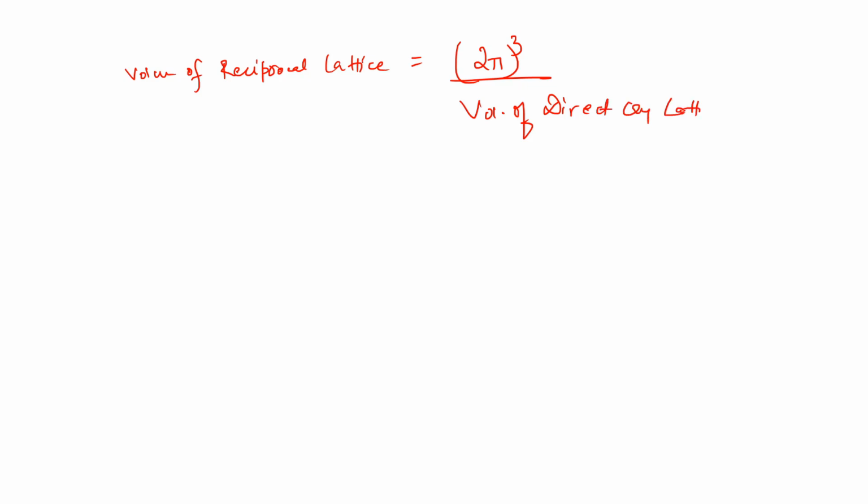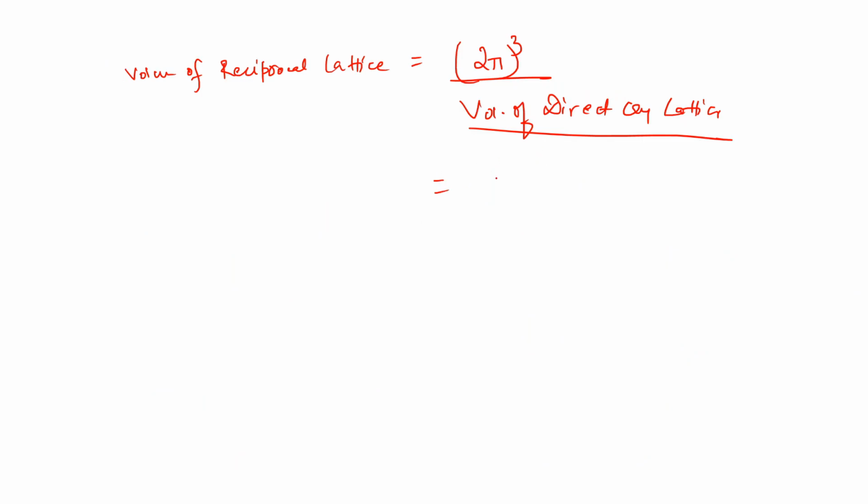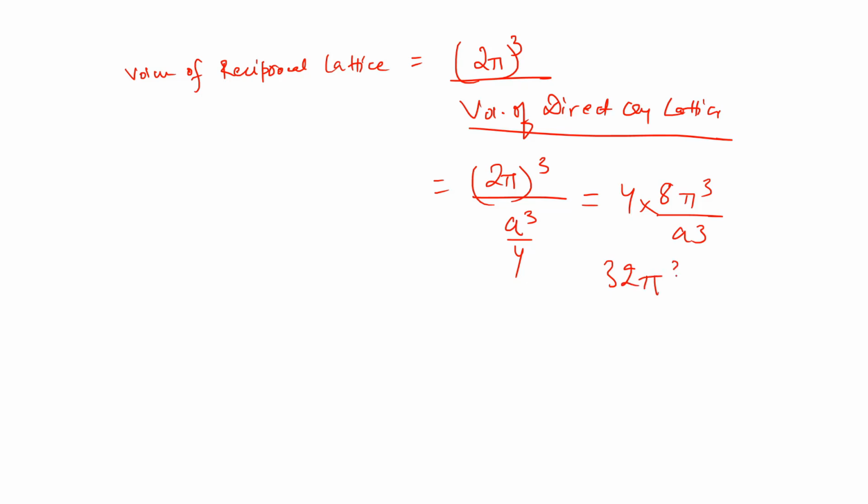This volume we have already found out. Like I told you, the volume of the direct lattice is A cube by 4. So this is 2 pi whole cube divided by A cube by 4, right? So this is 8 pi cube over A cube, and the 4 goes in the numerator, so this is 32 pi cube by A cube.